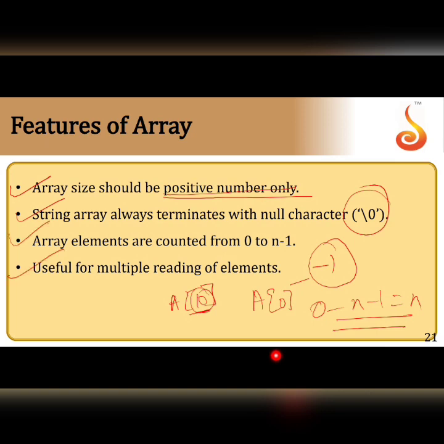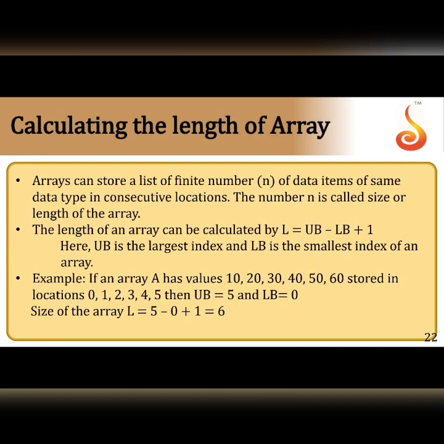So please have a look. Next, calculating the length of the array. Yes, we did this just now. What is the formula? L is equal to upper bound minus lower bound plus 1.